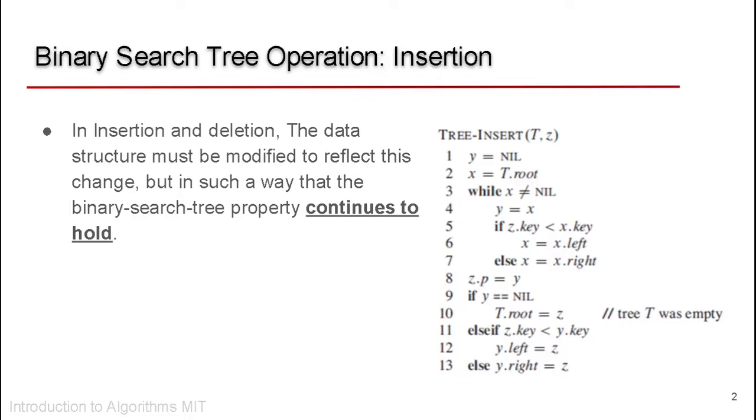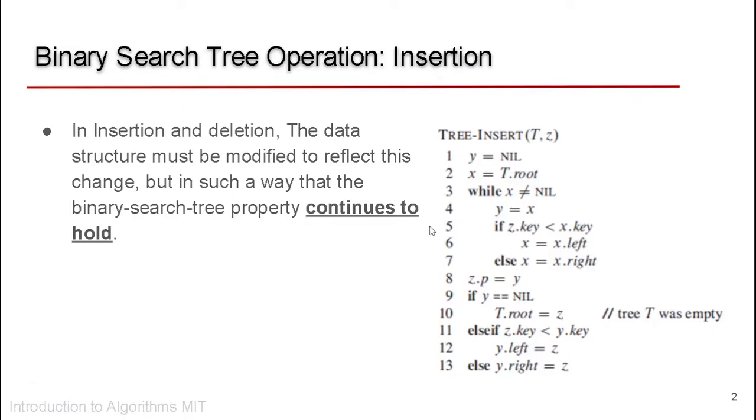You already know that a binary search tree has a specific way of building it: the left branch is smaller than the right branch, and so on. So when you try to insert something, you need to find a way to insert the node in the right place. And that's what you read, that the binary search tree property continues to hold. That means continues to be true.